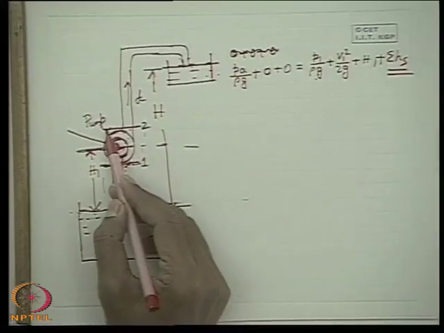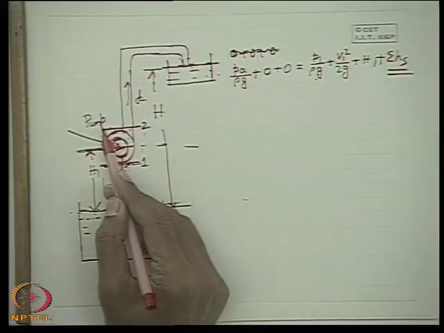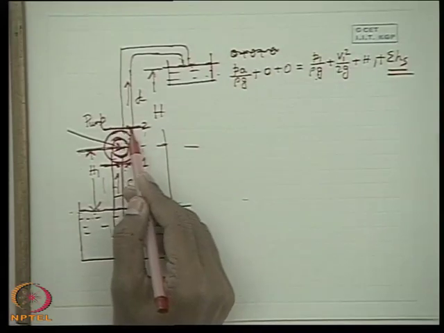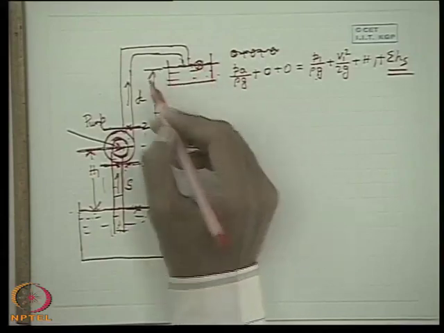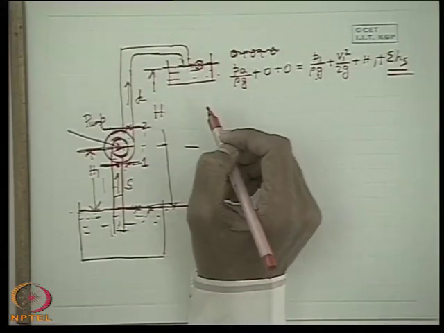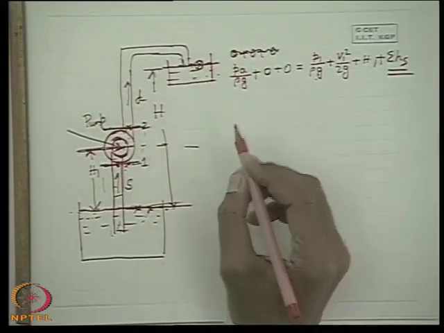Now if I write the Bernoulli's equation from a point at 2 to a point at the free surface of the upper or overhead reservoir, what can we write?